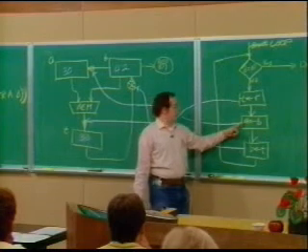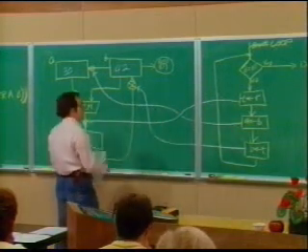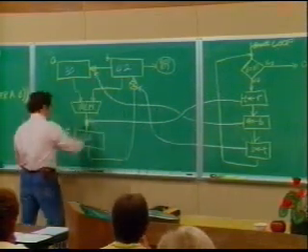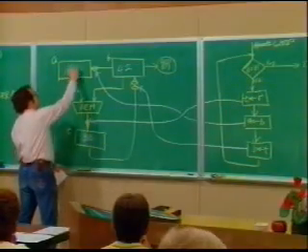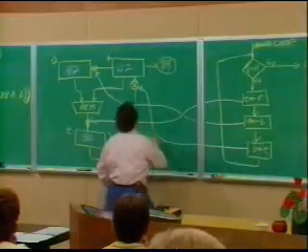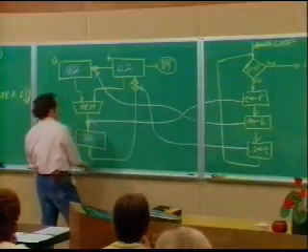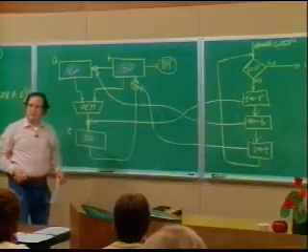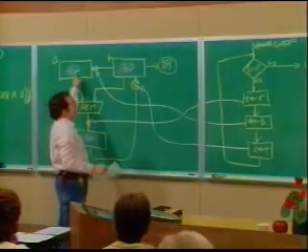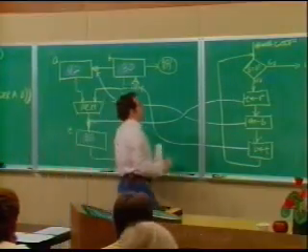A gets B. That pushes this button. So the 42 moves into here. B gets T. Push that button. The 30 goes here. Now let's see. Go back to the beginning.